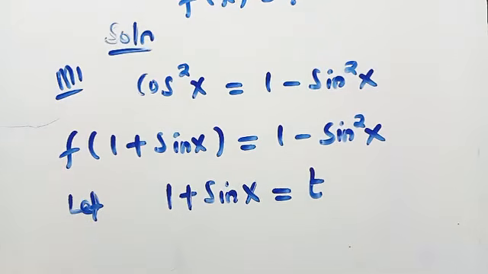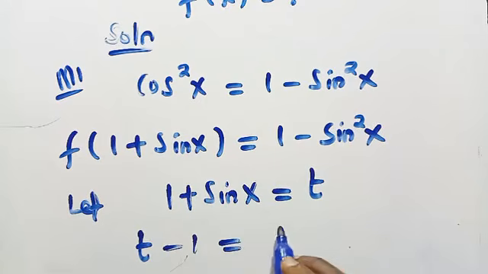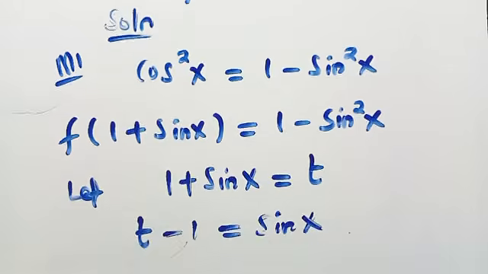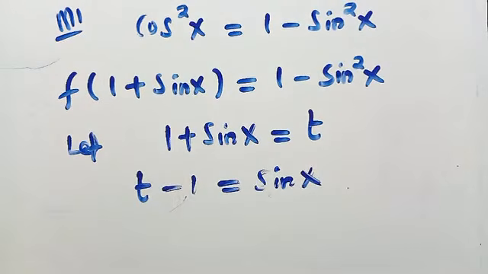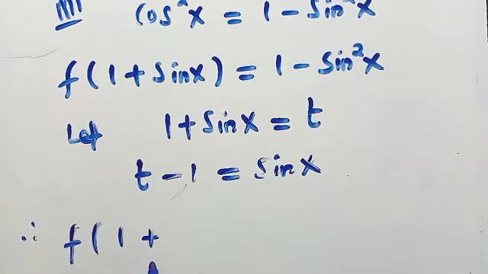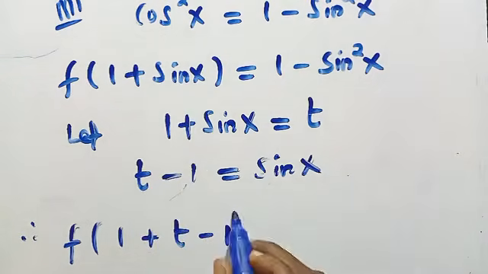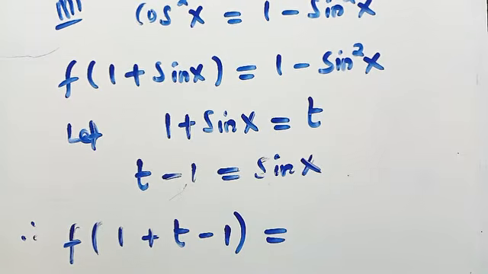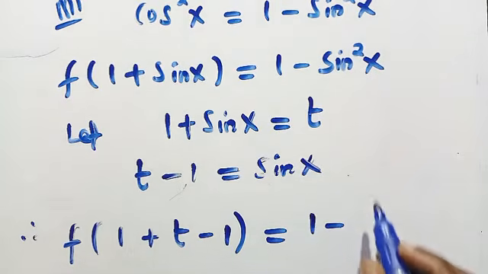By making sine x the subject of the relation, we have t minus 1 equals sine x, which we can also write as sine x equals t minus 1. By replacement, we have f of 1 plus sine x, which is f of t, equals 1 minus sine²x.